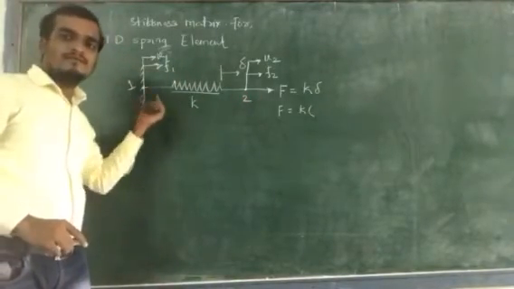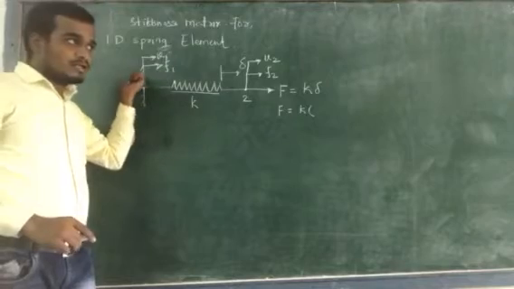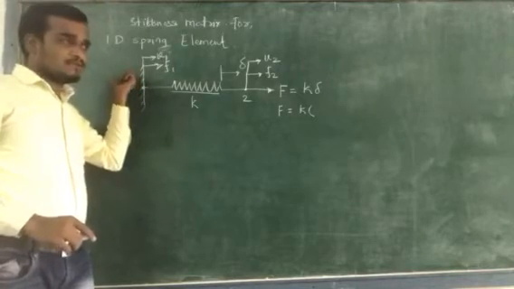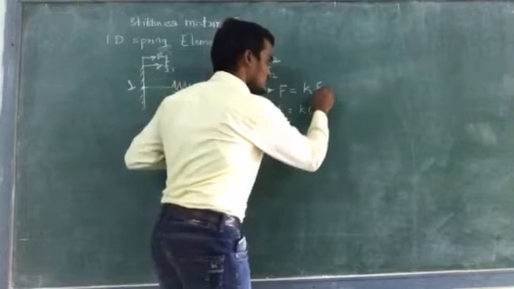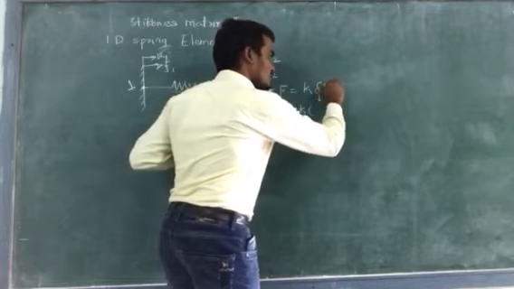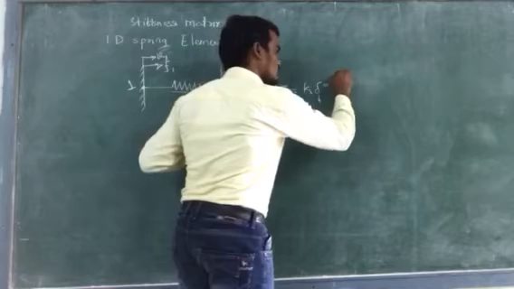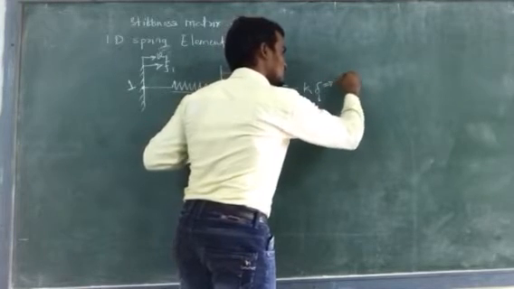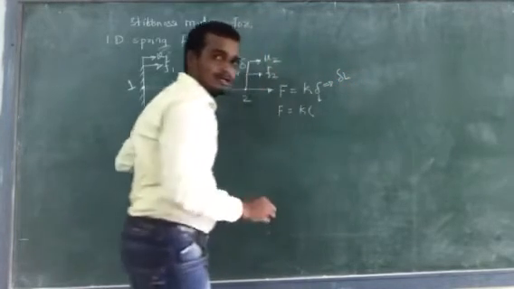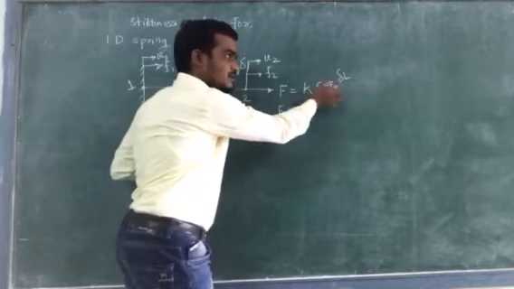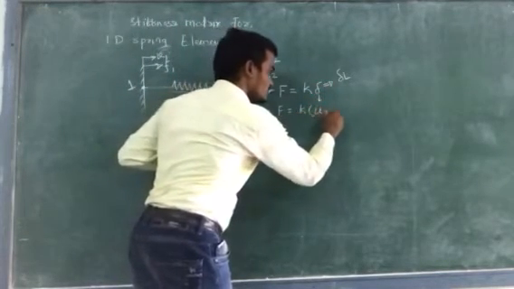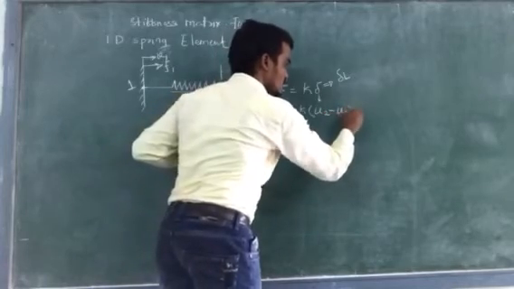In a similar way, we derived it for the one-dimensional bar element, where we considered delta as delta L. So here we can write the deflection as U2 minus U1.